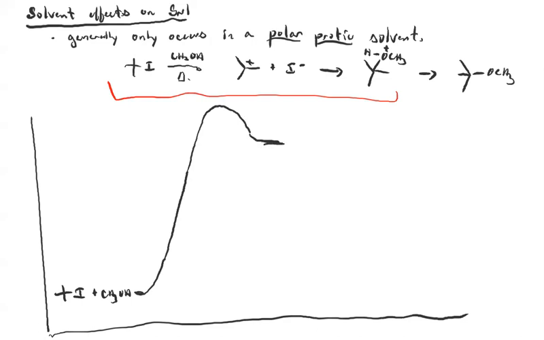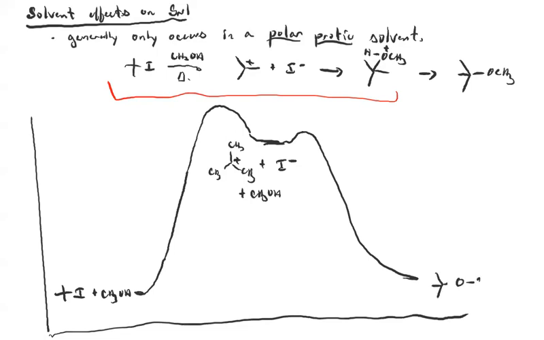And so I have the tert butyl cation plus I minus, right? Plus methanol. And then you get trapped and you go down to that protonated product, okay?